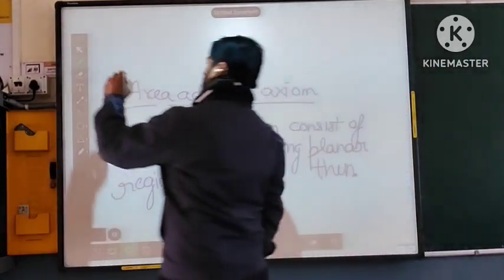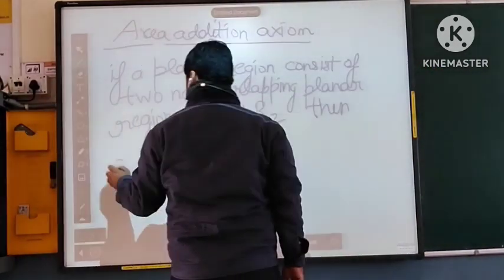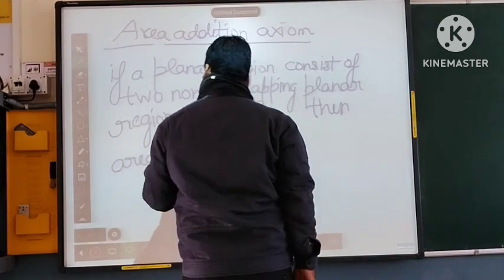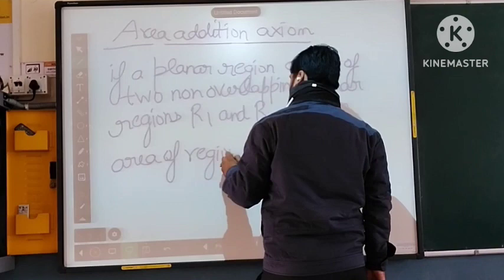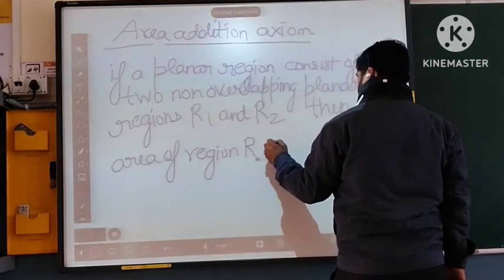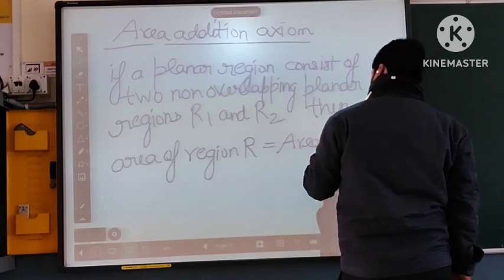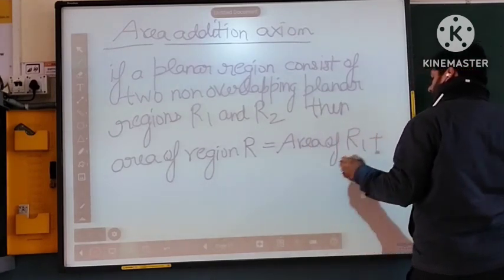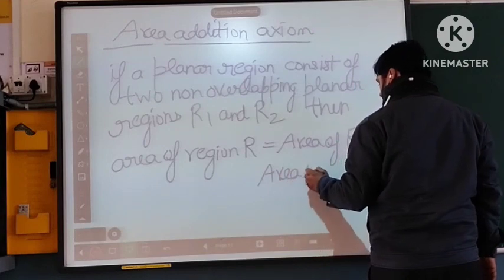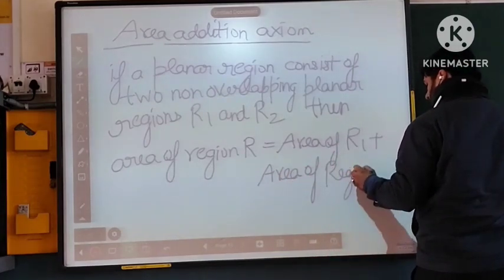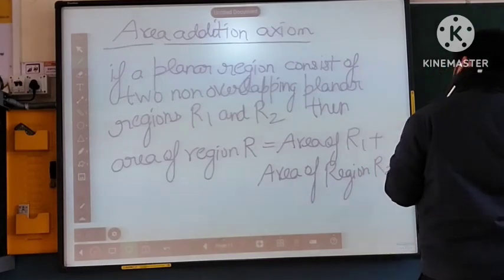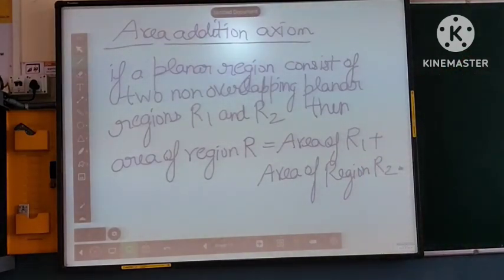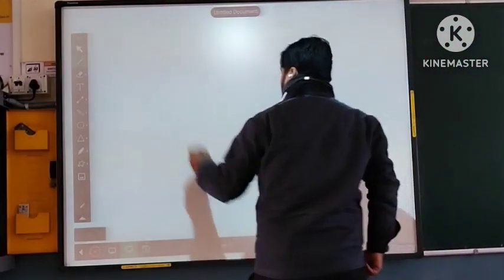Then area of region R, which consists of those two non-overlapping regions, will be equal to area of R1 plus area of R2. That is how we write it. So you can add the areas if the regions are non-overlapping and they lie in the same planar region.